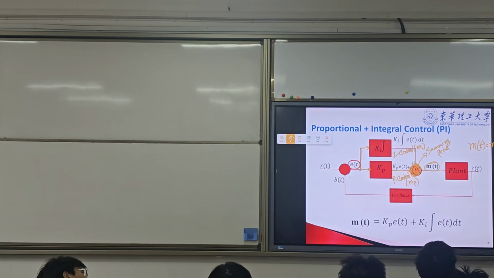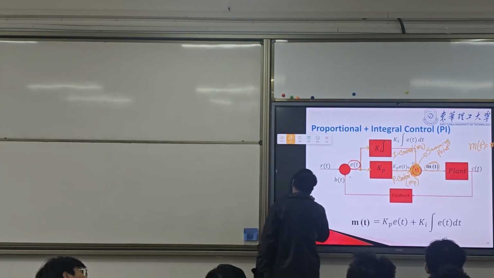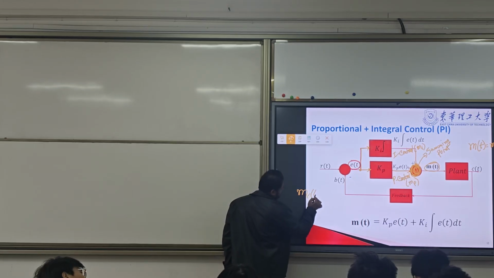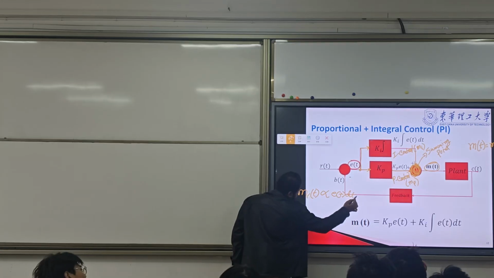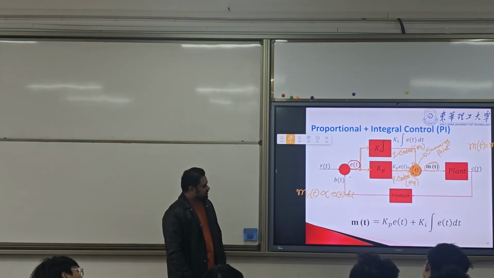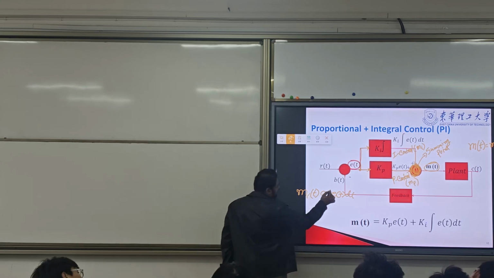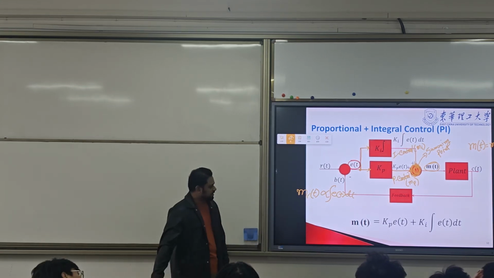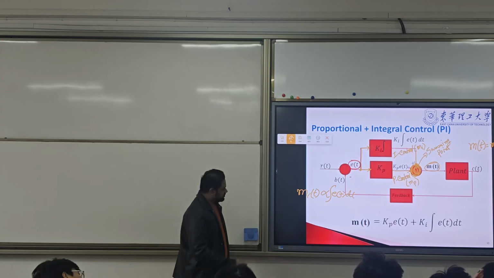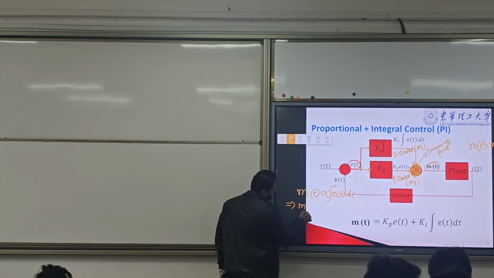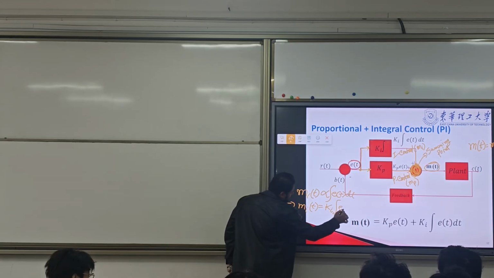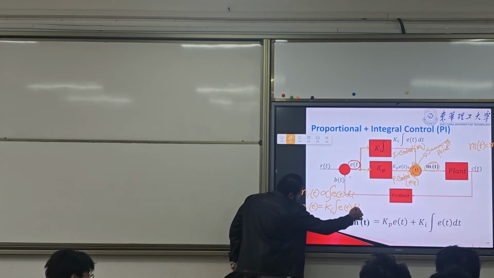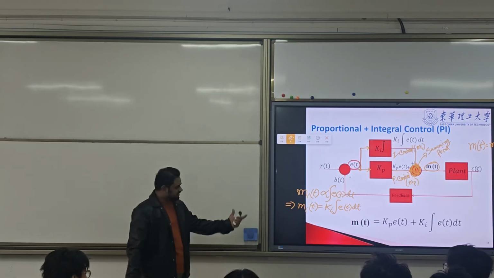So what is MI? MI(t) is proportional to the integration of E(t) dt. So we need to use a constant term: MI(t) is equal to Ki times the integration of E(t) dt. Now it is in the time domain.